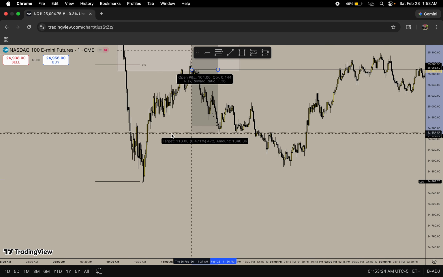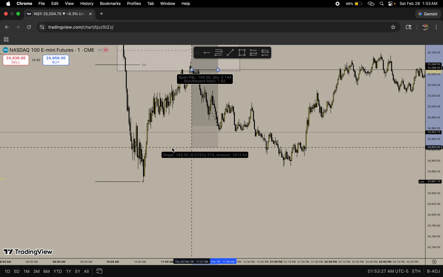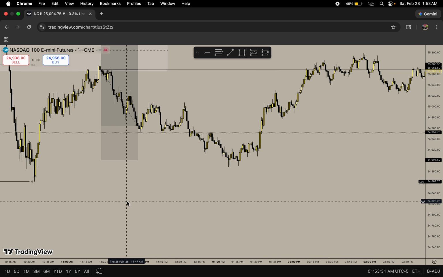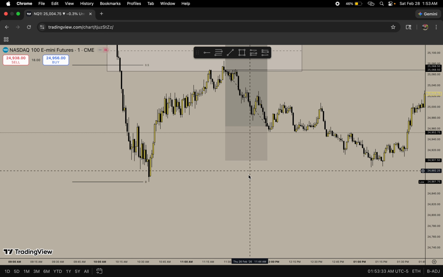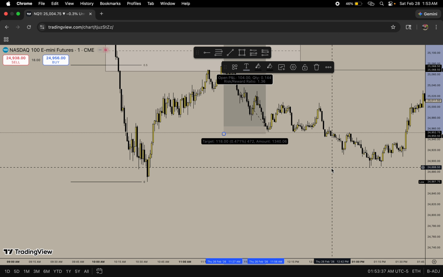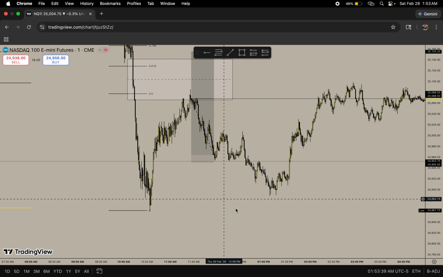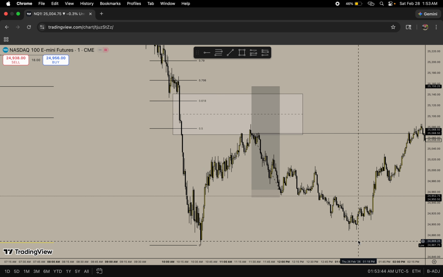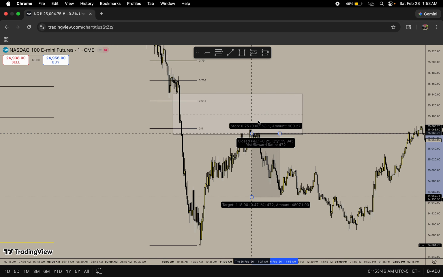Could target this PD array. Could target this PD array. Or you could even target this. I would just keep it at these obvious draws of liquidity. It's late in the day. I mean, you would think that price would sweep this out, but in this case, this is fine.